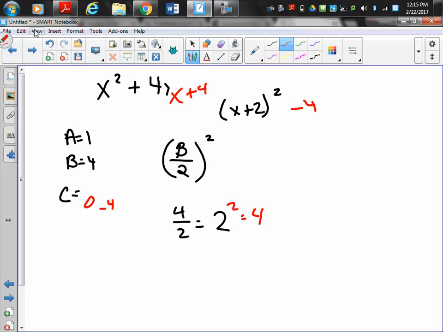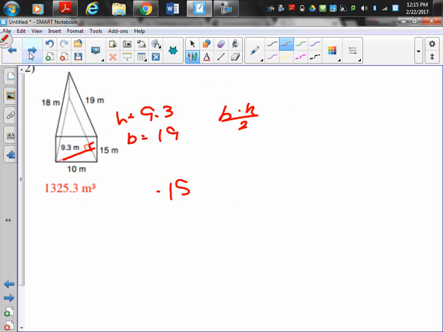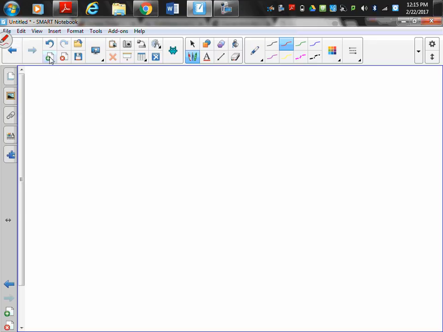Let's look at another problem. So we have x squared plus 22x, and I want to factor by completing the square. So what is my A?